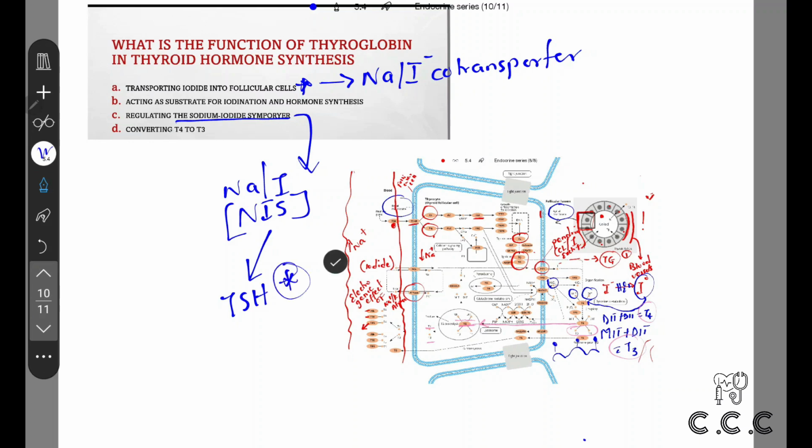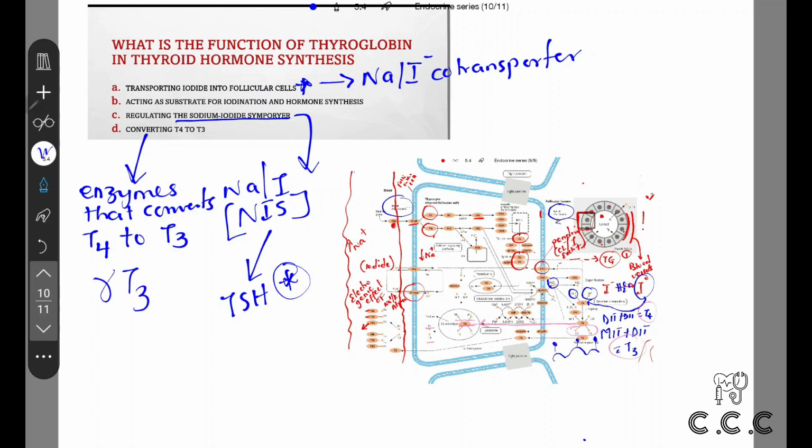But then for converting T4 to T3, now this is a very, very important part of our discussion. And why is it important? Because there are specific enzymes that convert T4 to T3, or even convert T3 to DIT and MIT, or convert T4 to reverse T3.